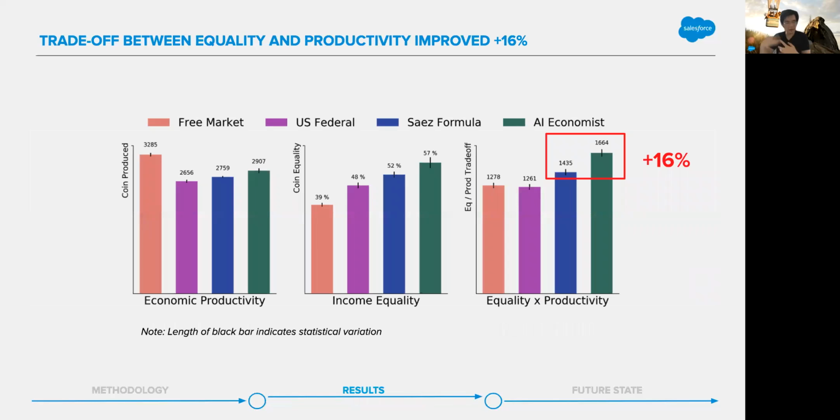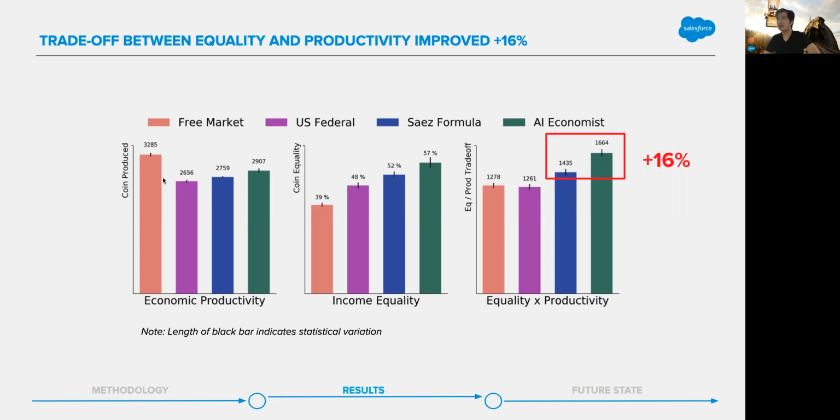This improvement is statistically significant: if you do many repetitions of the experiment, you can see that the AI Economist improves over 16% over the other baselines. The blue baseline is a SAS model, which I'll discuss in a little bit. The purple model is the US federal tax scheme that we've seen before. And the pink curve here is the free market, where there are no taxes at all.